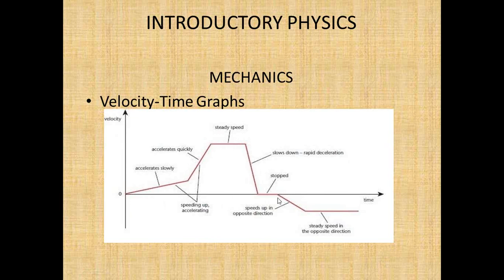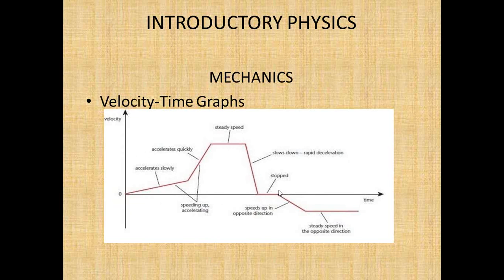So if the velocity is zero, that means it's not moving. So it stops right there. So the difference between this horizontal line and this horizontal line is that this is at zero velocity, whereas this has some velocity. So this means that the object stops.